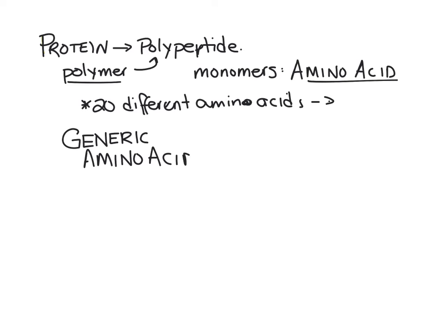Each amino acid has a general structure, and that general structure is a common central carbon. As we've talked many times before, carbon has 4 bond sites. The amino group, which is the functional group NH2, we'll call that the amino end.